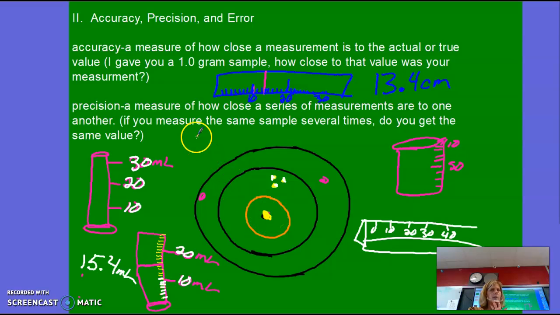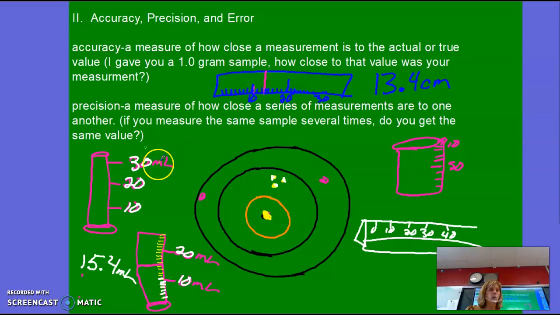So precision is how close a series of measurements are to one another. If I give you 1 gram of a sample and you measure it multiple times, are you getting 1 gram every single time? Or did you measure it one time and you got 1 gram and the next time you got 1.2, right? If you are getting those kinds of answers, then you're not very precise because you're not getting that same measurement over and over again.